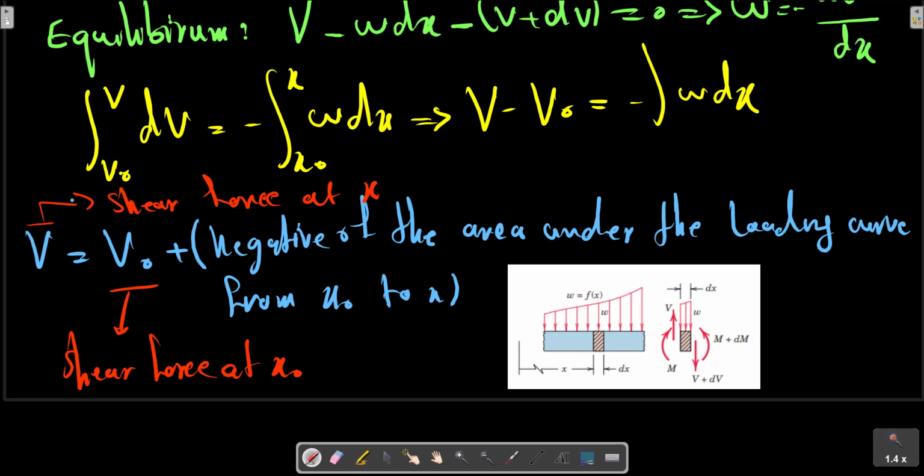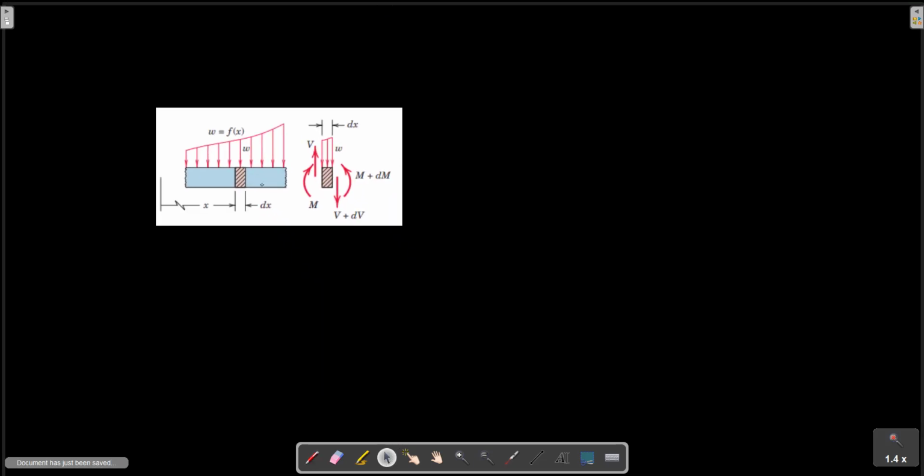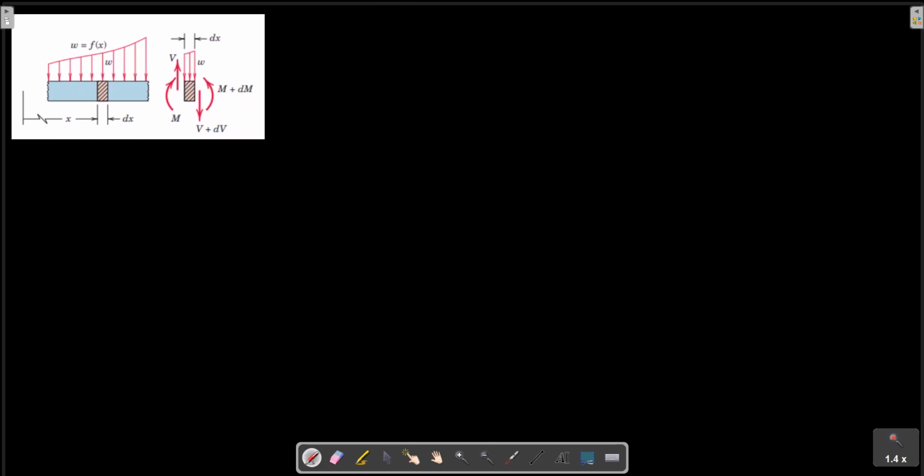The equilibrium of the element shown here requires also another relation, the moment equilibrium relation.